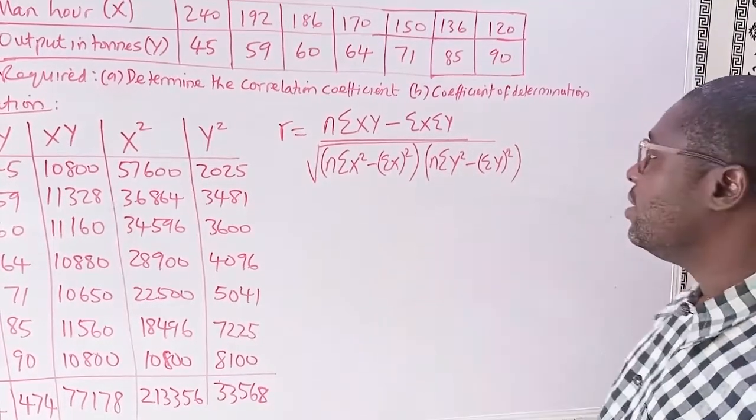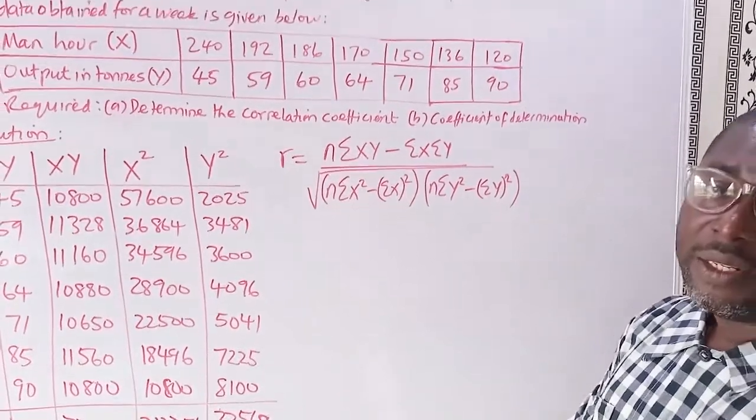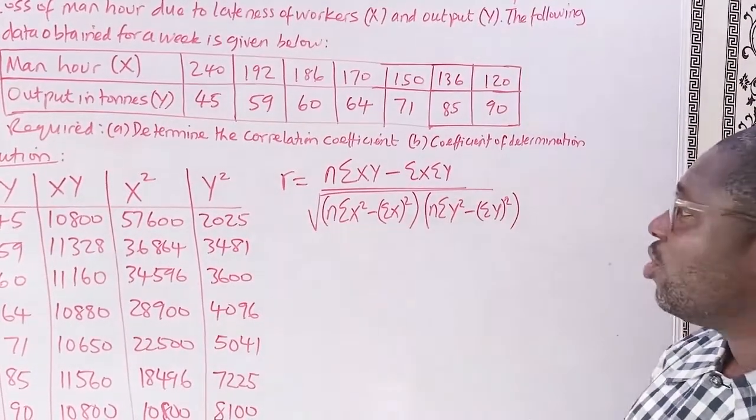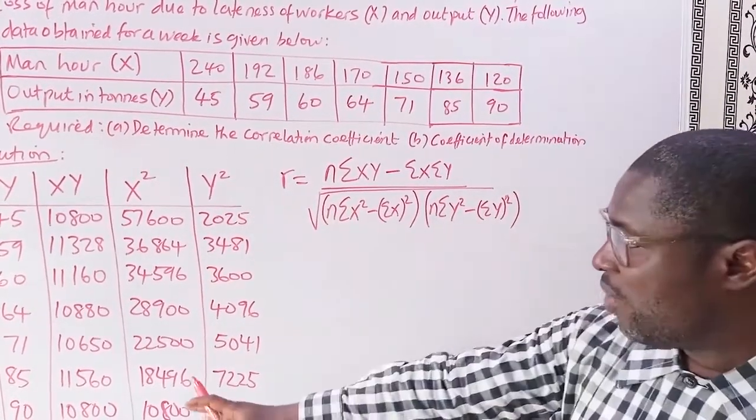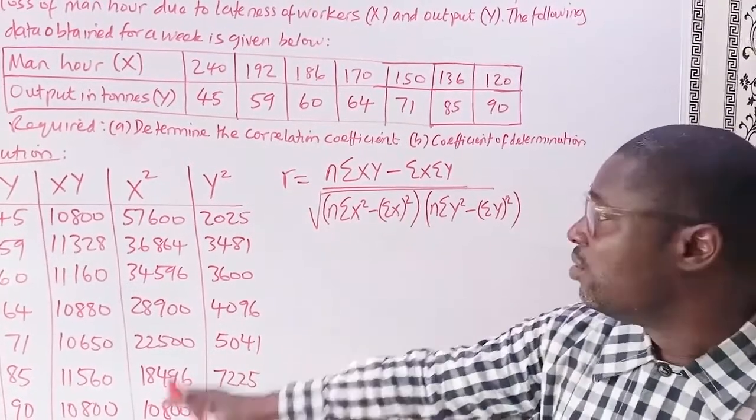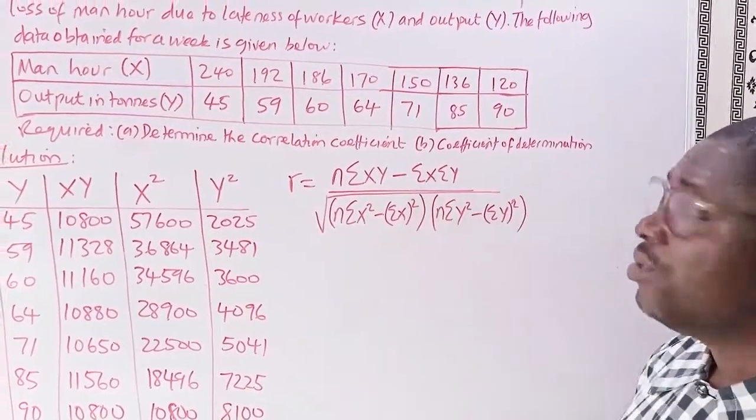So this is the formula to find the correlation coefficient. So we use these values as we are given, the summation values, to fill into this formula.